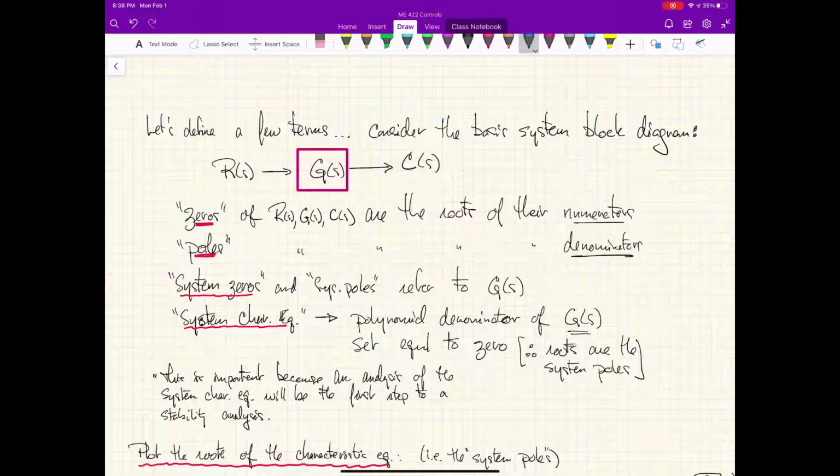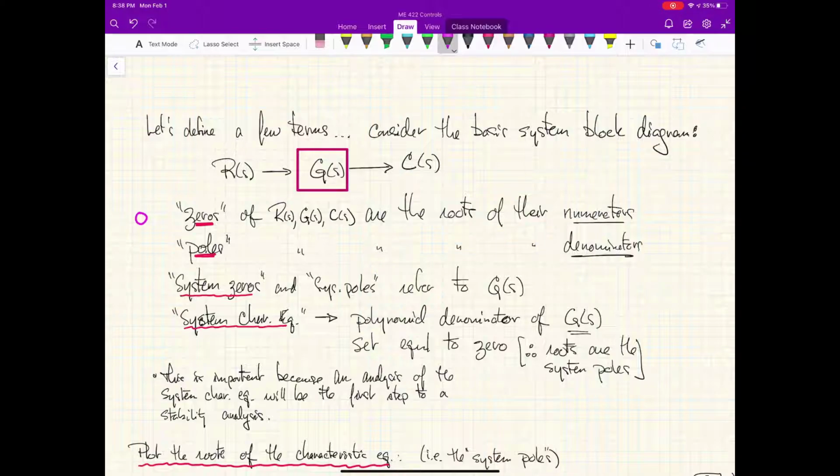Now, pretty soon we're going to be plotting these poles and zeros, mostly for the system. So the system zeros and poles, we're going to plot those on a graph. And just so that you're getting ready to think about this, the zeros on that graph are going to be denoted by zeros. Okay.